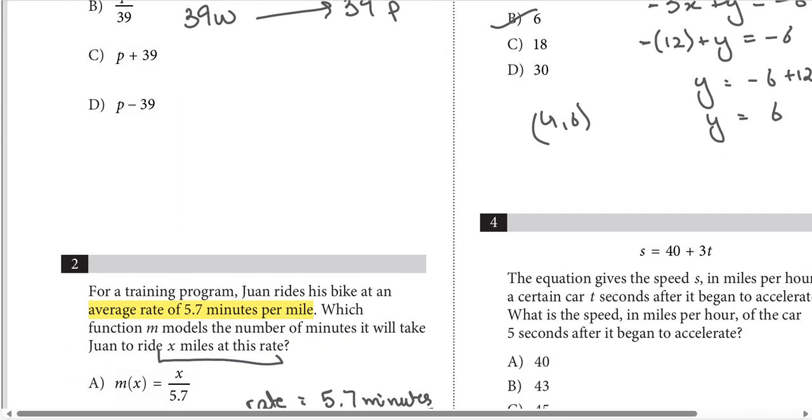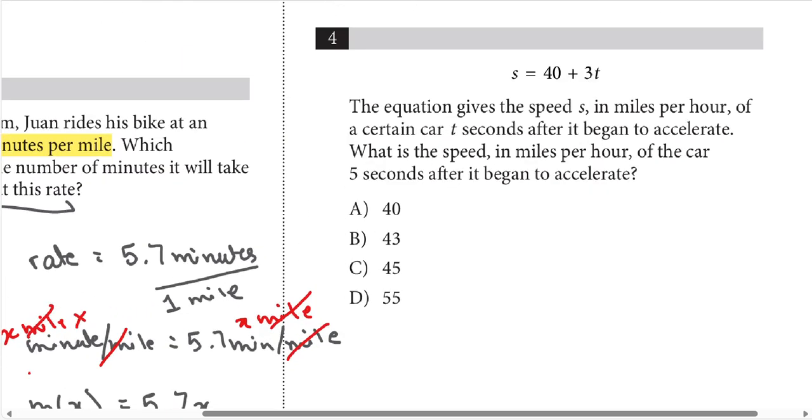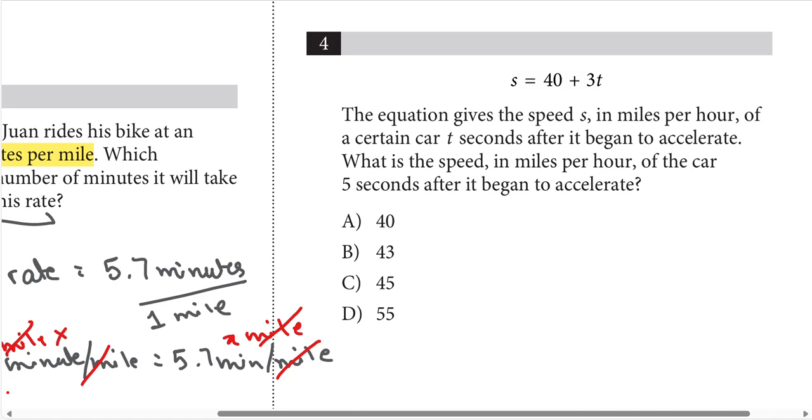Okay. Question number 4. S is equal to 40 plus 3t. The equation gives the speed s in miles per hour. So this is speed of a certain car t seconds after it began. So this is time to accelerate.